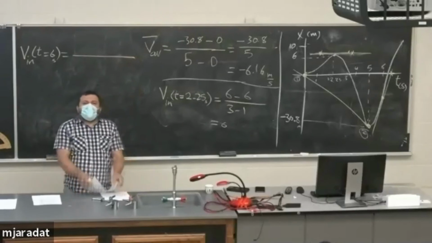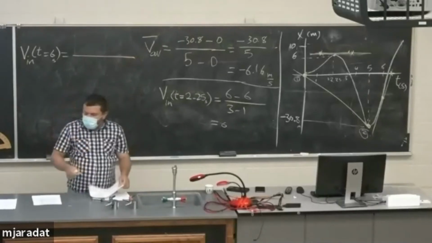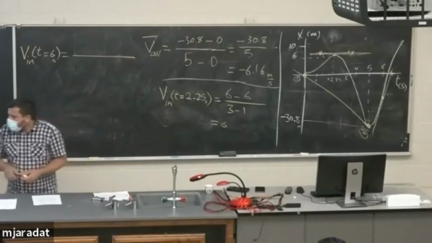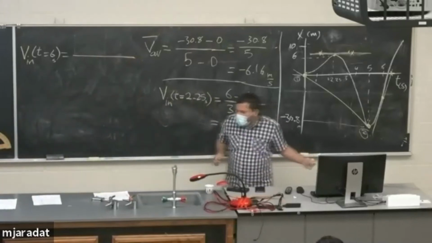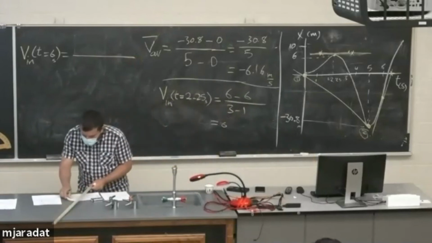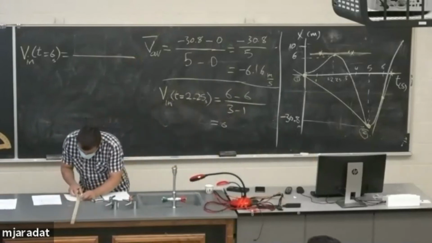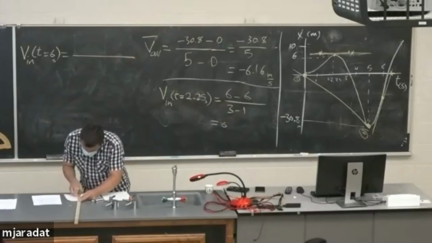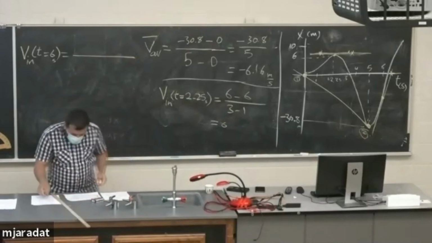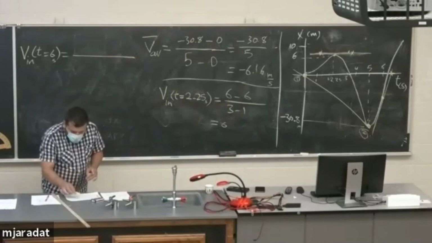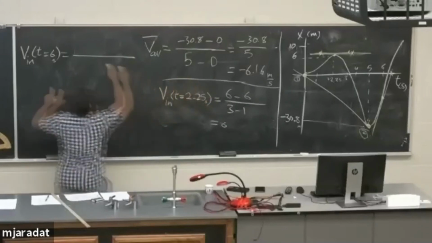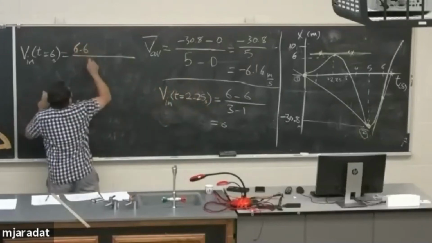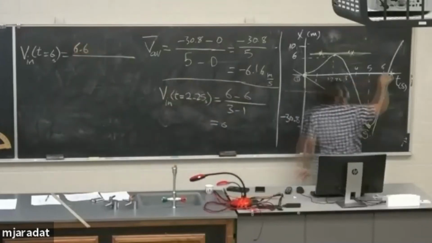Maybe on the paper sheet, you will be better than me in drawing the line there on the board. I'll draw one here to be as close as possible. It will be almost at 6.6, the crossing line, the intersect line here.